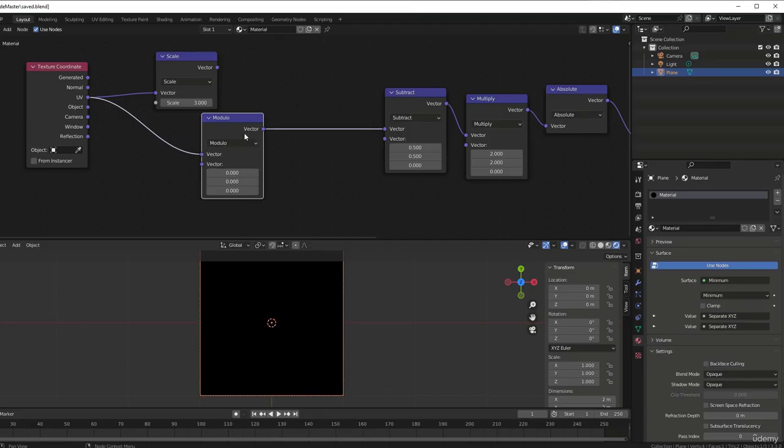What it does, if you're talking math, is that it keeps the remainder of a division, and you can think of the result like, I don't know, like a clock. So if you have 1 to 12 and you send in 1, you get out 1. If you send in 2, you get out 2.